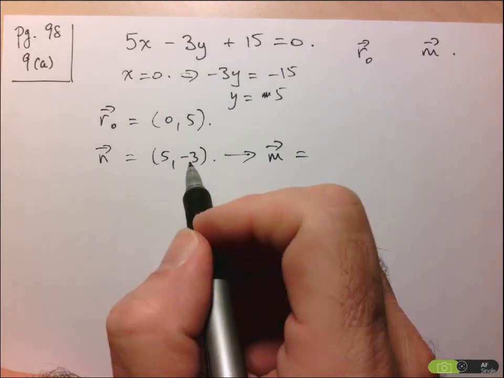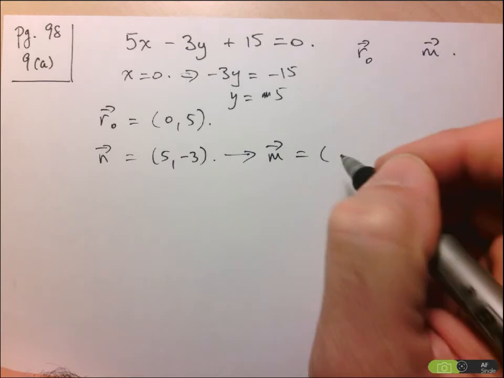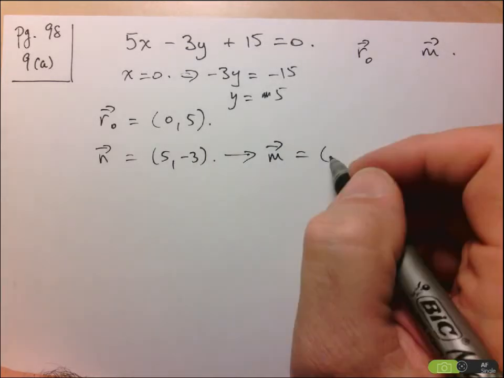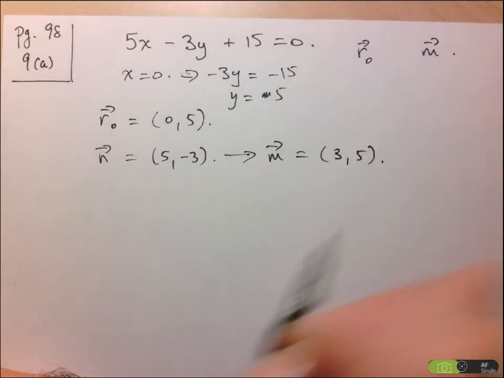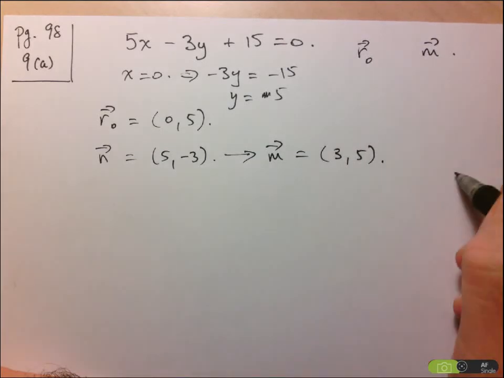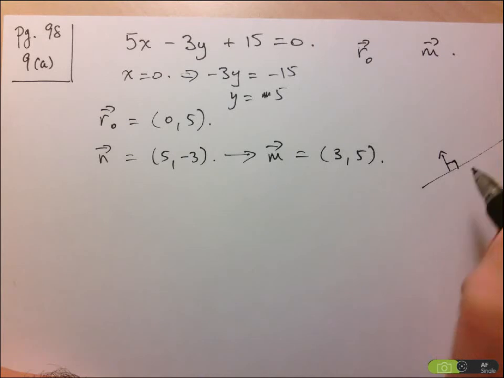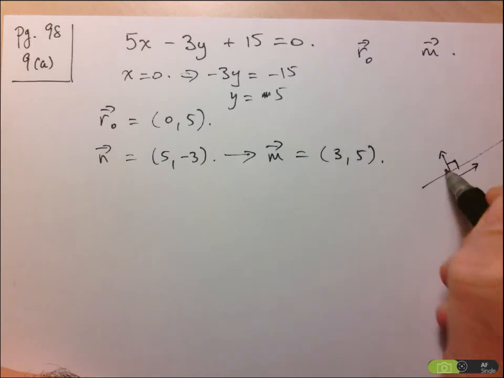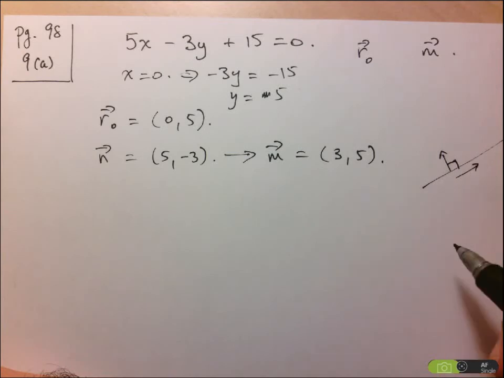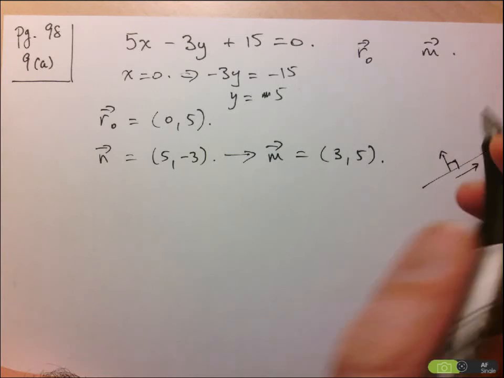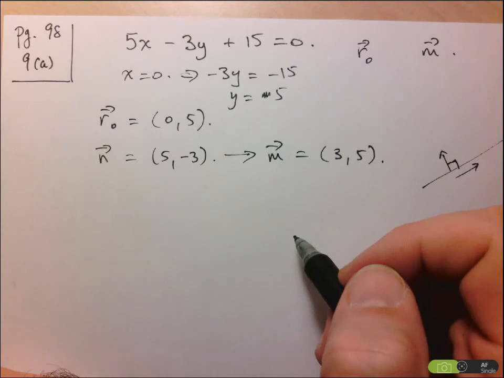So I'm going to make the negative 3 negative, in other words, turn it into a positive to get 3 and 5. So let's just keep in mind why that works, because if n is normal to the line, then a vector that is perpendicular to the normal will be parallel to the line. So this will work as a direction vector.